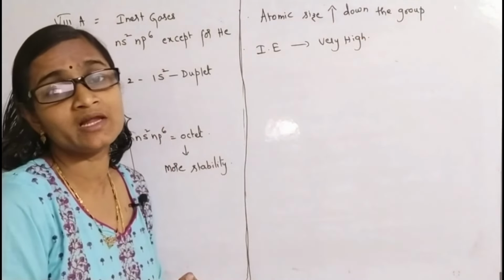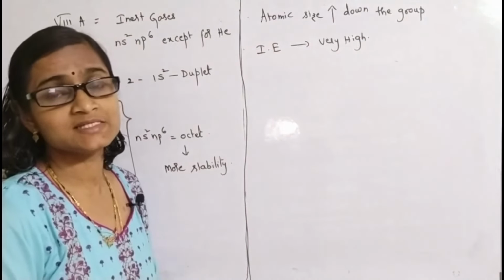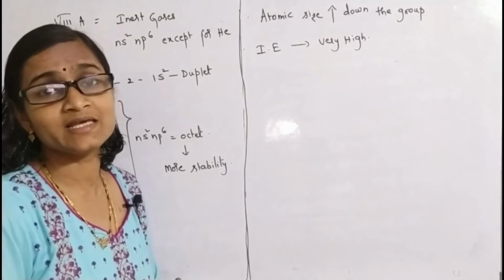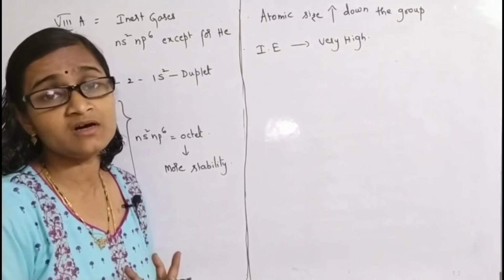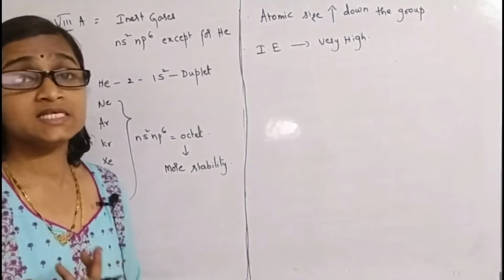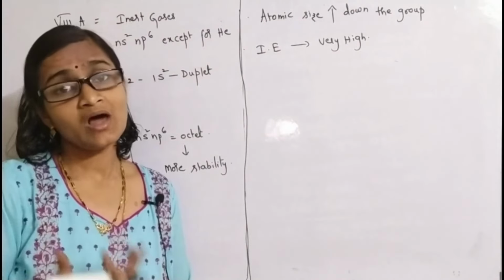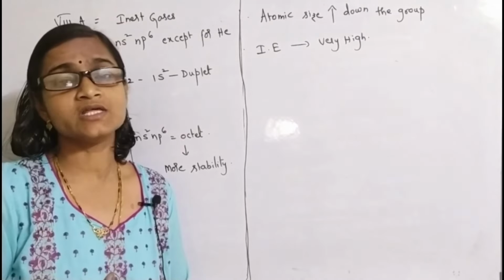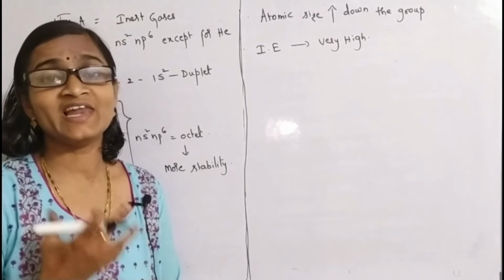Is it easy to take out an electron from the valence shell of inert gases? It is very difficult because they are already stable. They got octet configuration, so you cannot remove an electron.